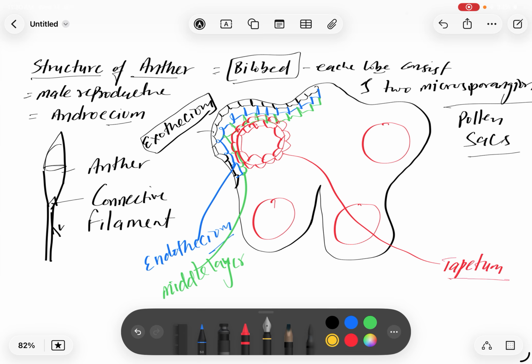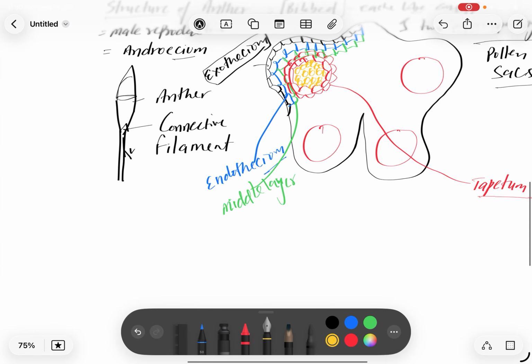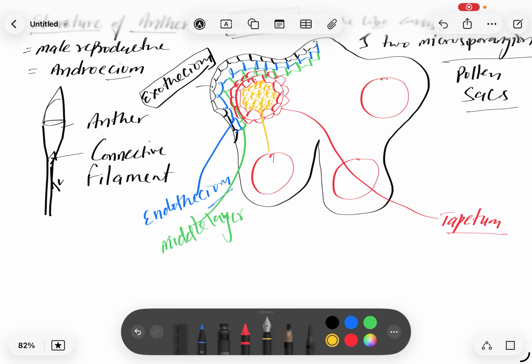And inside this tapetum layer, a mass of tissue is present, which is known as sporogenous tissue.